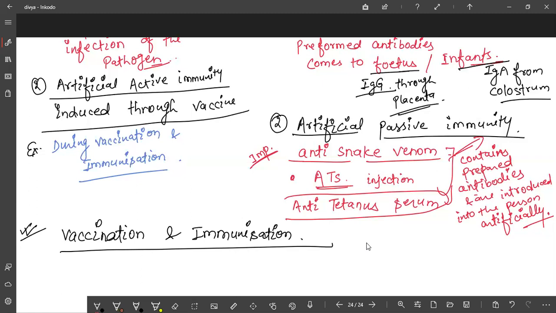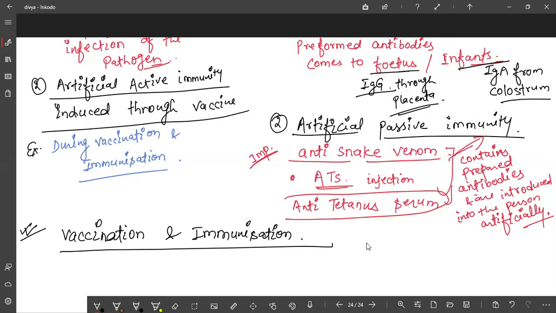And suppose we may have come in contact with TB bacteria so many times, because TB bacteria does not know that you have taken the BCG or TB vaccine. It may have entered into your body, but your memory B cells and T cells memorize this antigen that has come earlier.